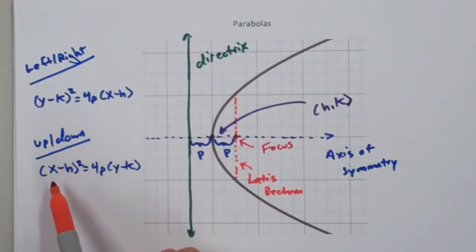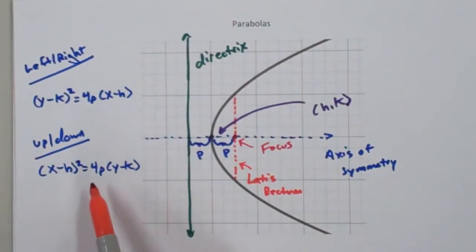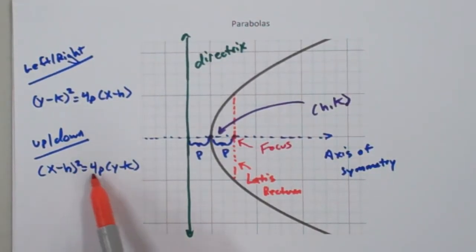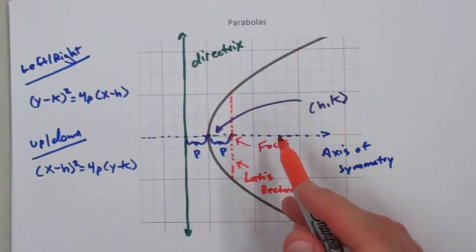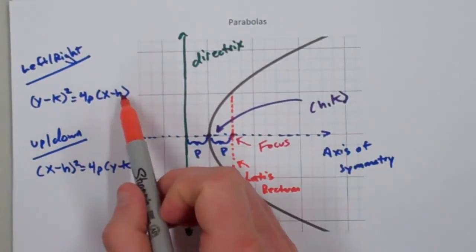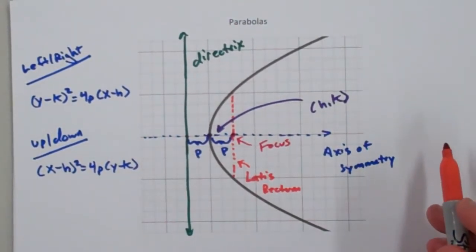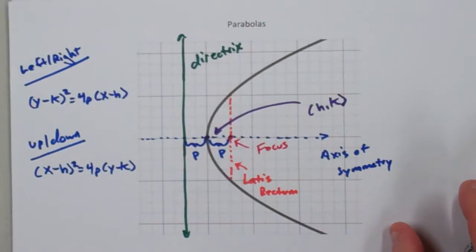Up and down, we've got x minus h quantity squared is equal to 4p times y minus k. 4p is the same, the x minus h and the y minus k are just in different spots. For a parabola to occur, we're only going to have one of the variables being squared, and the other one is not. If both of the variables are being squared, we've got one of the other three classic types of conic sections.